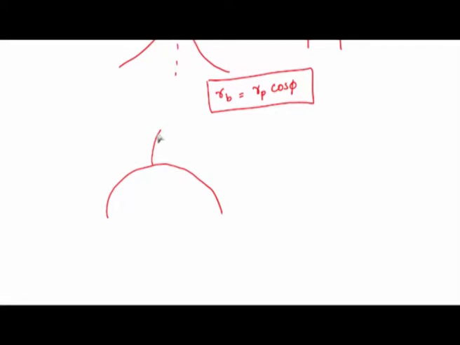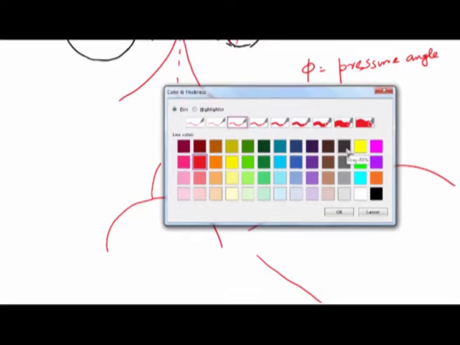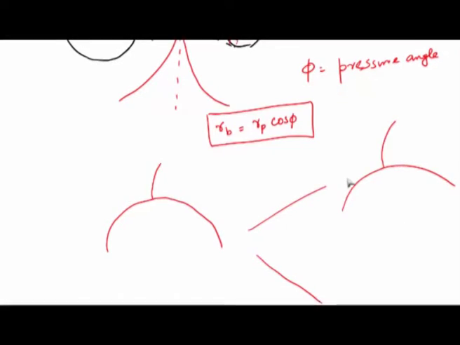But there are two situations which can now occur. I will show that in two different cases. Let us say this is the involute tooth profile, and the dedendum circle is larger than the base circle. So the dedendum circle is larger than the base circle. Oh, sorry, I need to draw that once again.